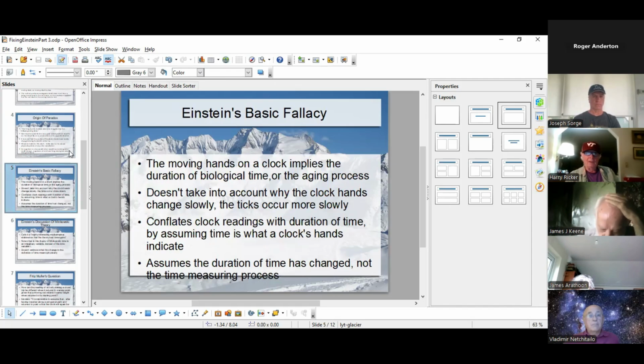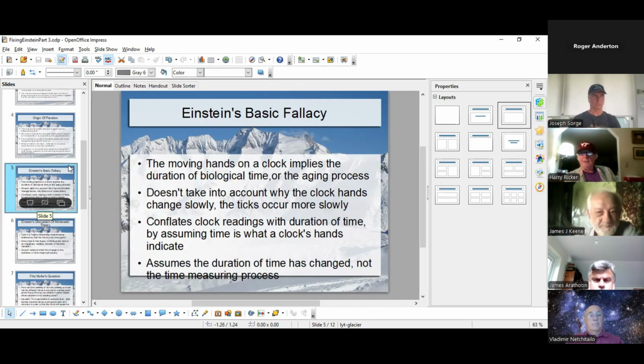Okay, what's the fallacy? The moving hands on the clock implies the duration of biological time or the aging process. Well, there's no proof that just because you imagined a clock, okay, so we don't have an actual clock, it's an imaginary clock that's based on his Lorentz transformations.